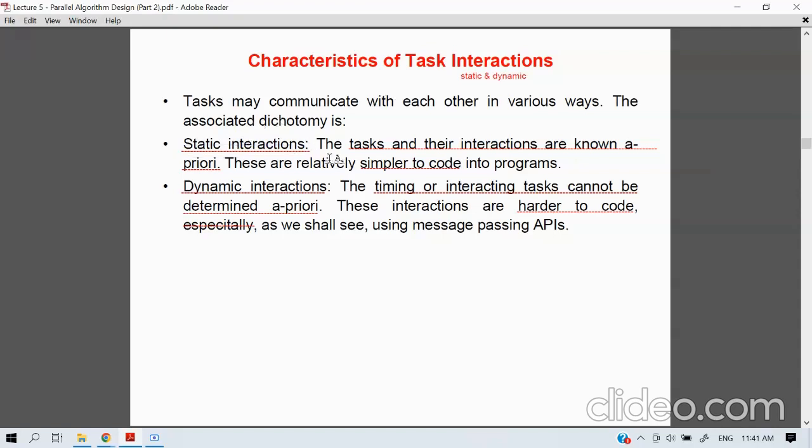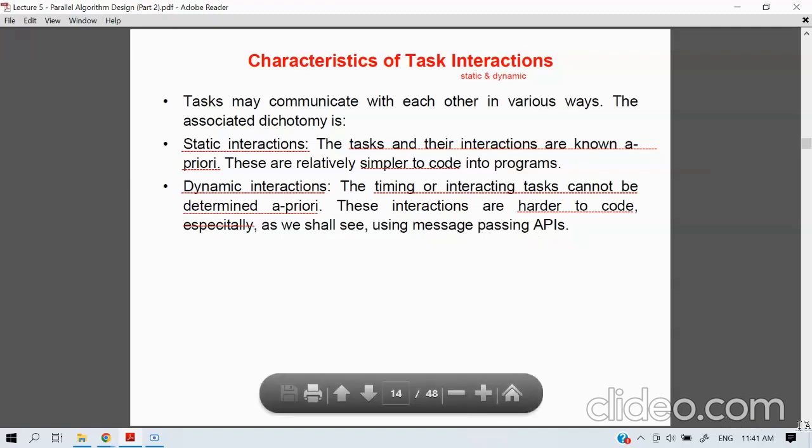If static interaction, the tasks and their interactions are known a priori, meaning we already know which tasks interact with each other, and in this case it's simpler to write the code compared to dynamic interaction, whereby the timing or the interacting tasks cannot be determined a priori. We do not know which task will communicate with which task. So it's quite difficult to write the code. For example, in this case, using a message passing API.